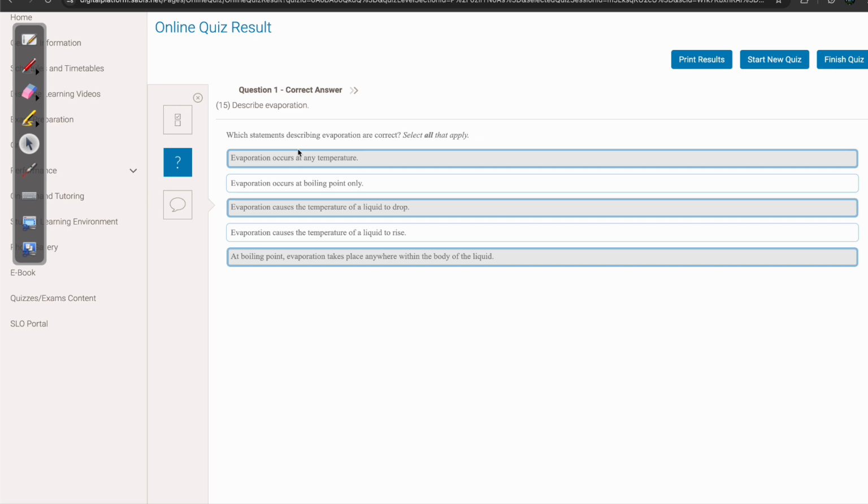Look, evaporation, I'll just summarize it as evap, is when a liquid becomes a gas by heating it. There are two separate processes where a liquid becomes a gas, and in both cases the liquid evaporates.